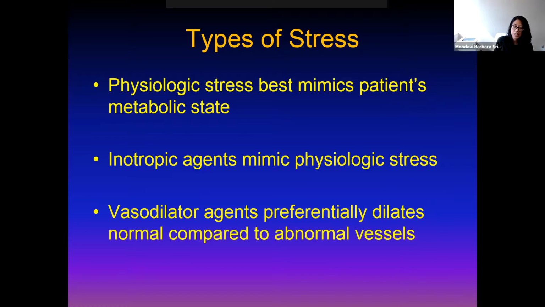They just preferentially dilate the vessels, and in normal vessels, they dilate more so than abnormal vessels. From a patient standpoint, we call them all stress tests, but from the physiologic standpoint, I like to consider inotropic agents more as a true type of physiologic stress, and vasodilator agents, even though they are giving us information in terms of stress testing, they really aren't stressing the heart per se.